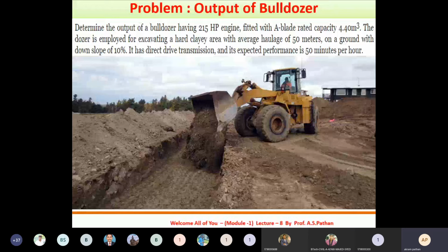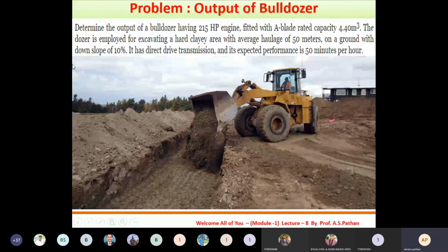Determine the output of a bulldozer having a 215 HP engine fitted with a blade, rated capacity 4.40 meter cube. The bulldozer is employed for excavating a hard clay area with average haulage of 50 meters. Haulage means a particular distance, 50-meter distance.